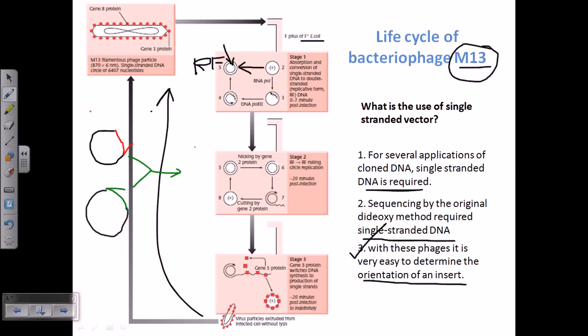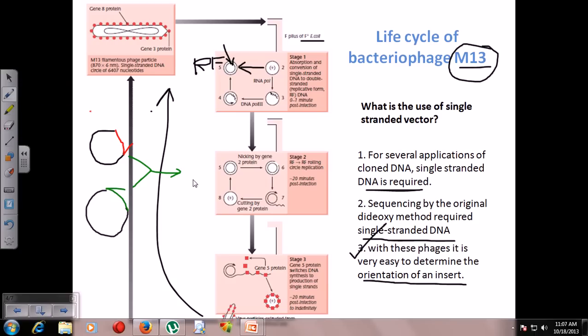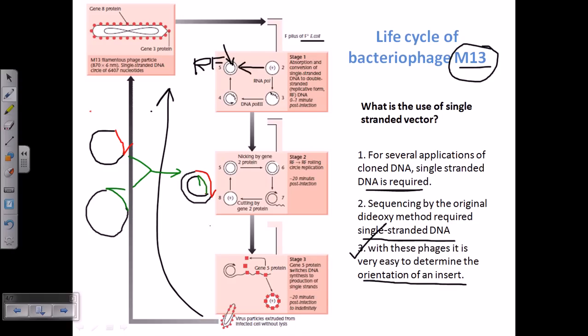Now if we found that in this case, for example, so this red one and say this green one. Okay, now in this picture what we can see, when we add them in the mixture, they start to form this double stranded DNA. Why are they forming the double stranded DNA?